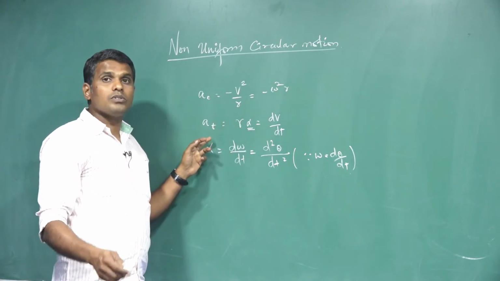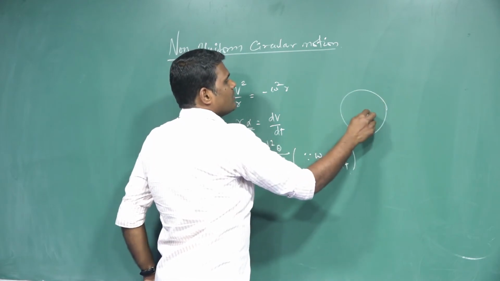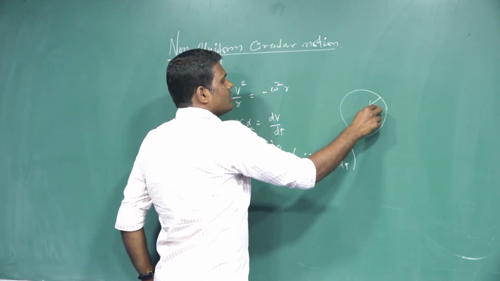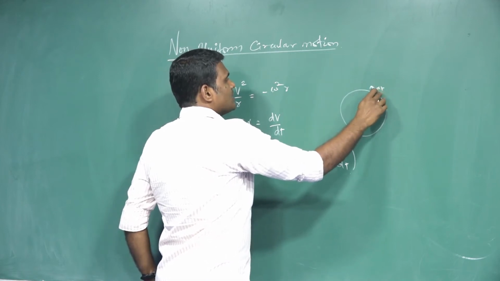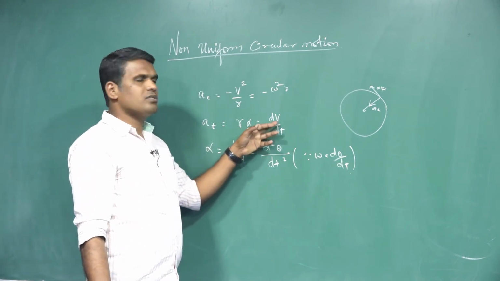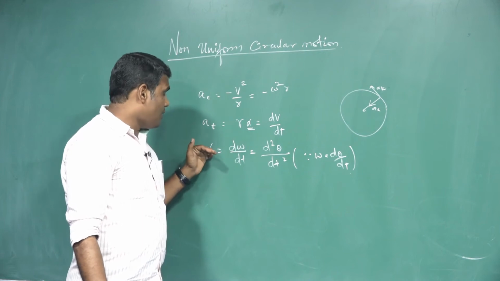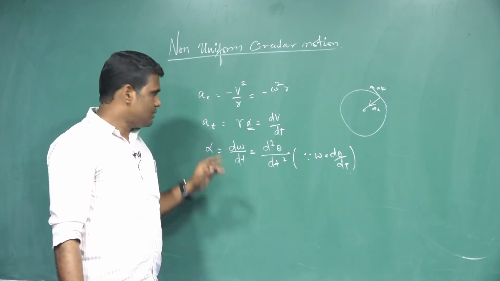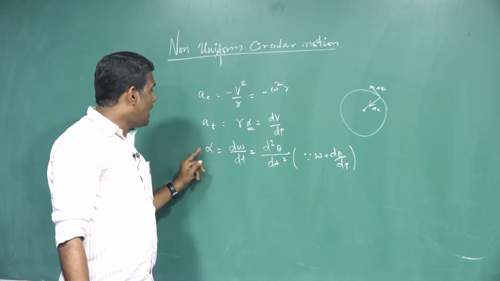Tangential acceleration always acts tangentially to the circular path. So this is the direction of centripetal acceleration, and this is the direction of tangential acceleration AT. Tangential acceleration is r alpha, which is equal to dv divided by dt in terms of velocity. Alpha is angular acceleration.